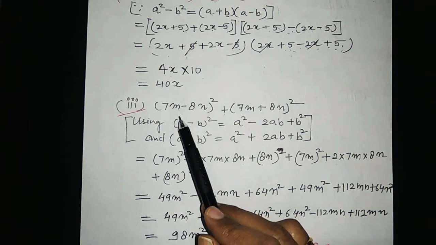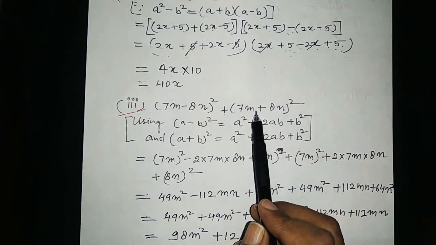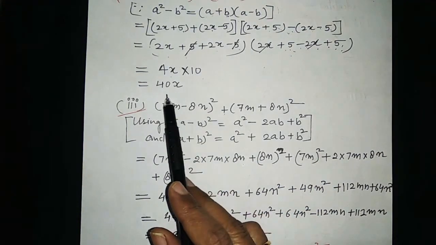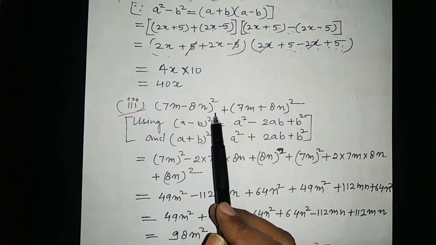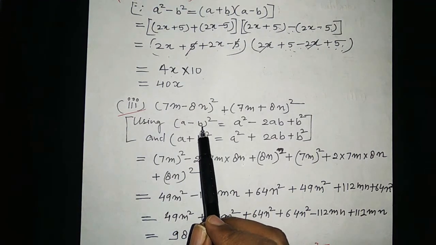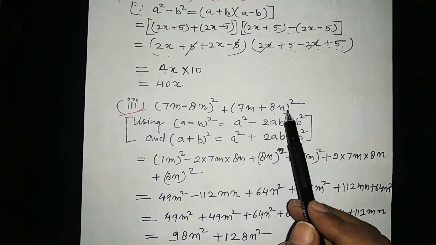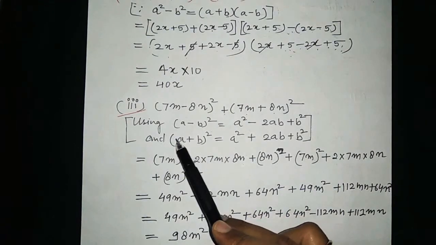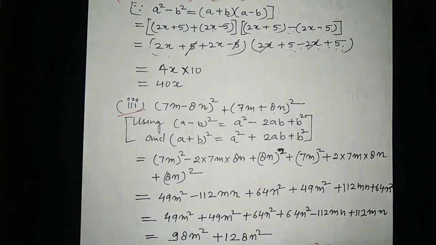So here we will use two identities. For (7m - 8n) whole square, we will use (a - b) whole square, and for (7m + 8n) whole square, we will use (a + b) whole square.